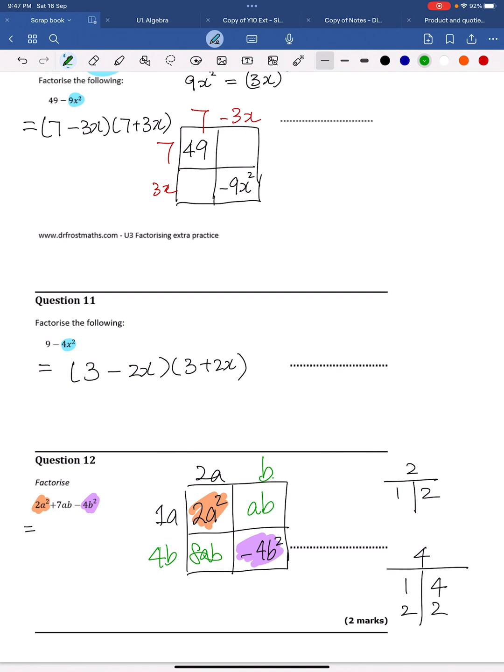Can you see, if we assign this to be negative, we need it anyway because we need the negative 4b, then we will get the positive 7ab when we collect the two middle terms. So the factorized form will be 2a minus b times a plus 4b.